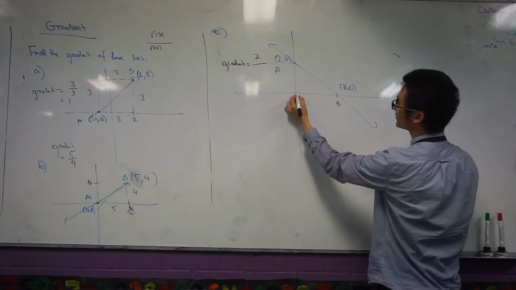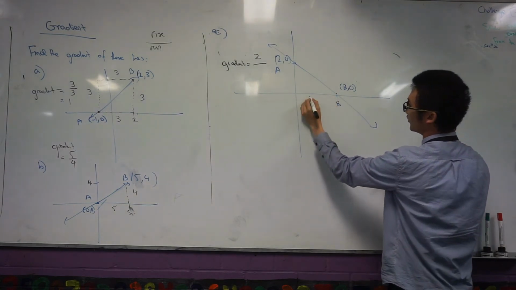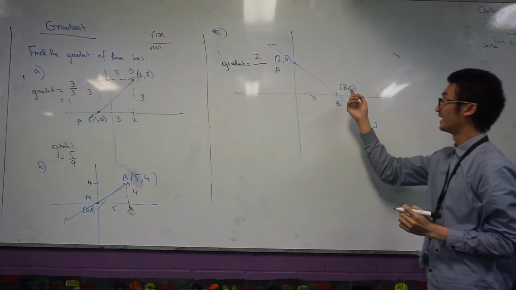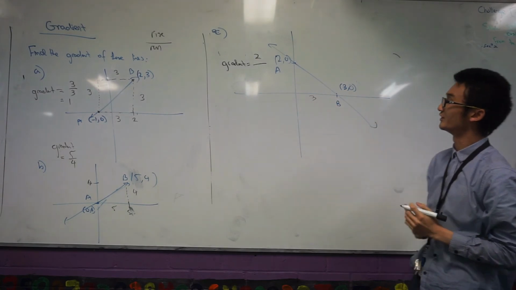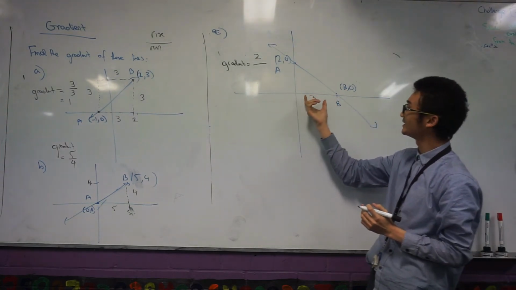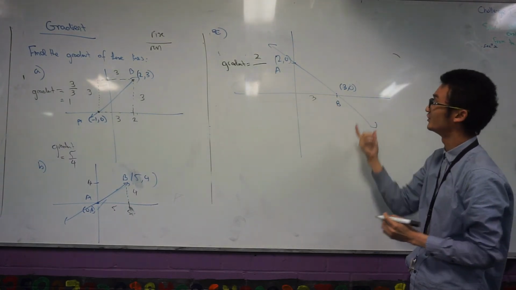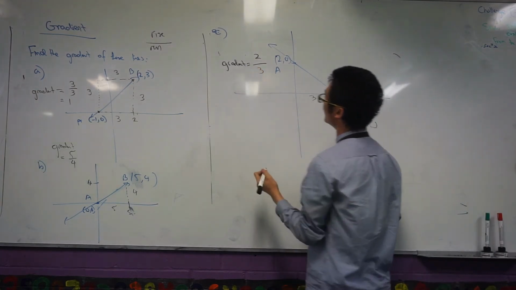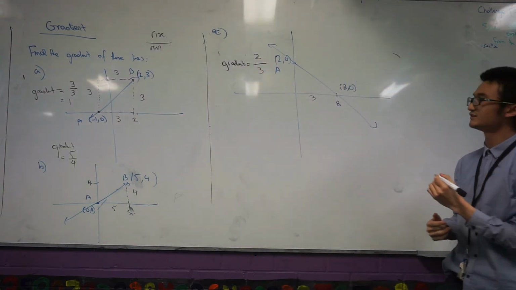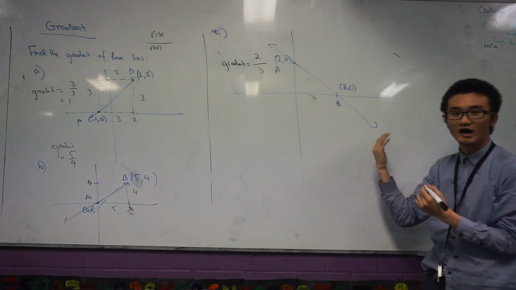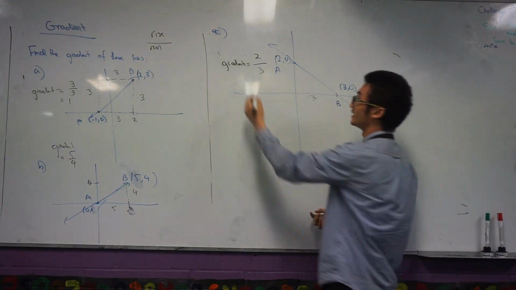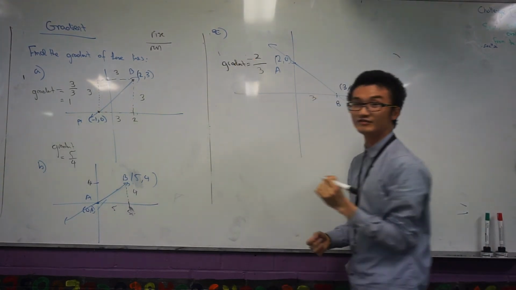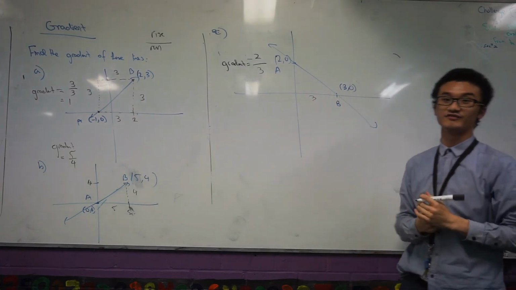So to go from this point here all the way across to B, well, that's a distance of 3, because that's my x-coordinate there, okay? So I really want to pay particular attention to how far across I need to go. The gradient would be equal to 2 over 3, but that's not quite the final answer, is it? Because when I read it from left to right, I'm actually going downhill, right? I have that negative gradient. So if I put a negative in front of that value, that's the final answer.